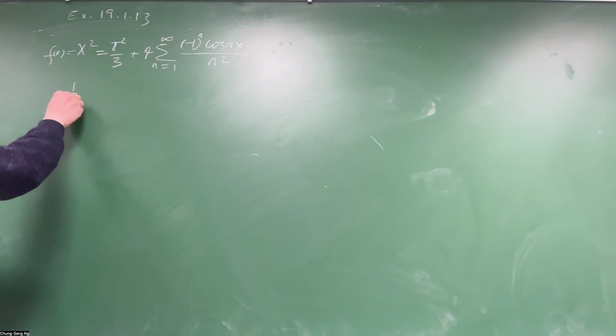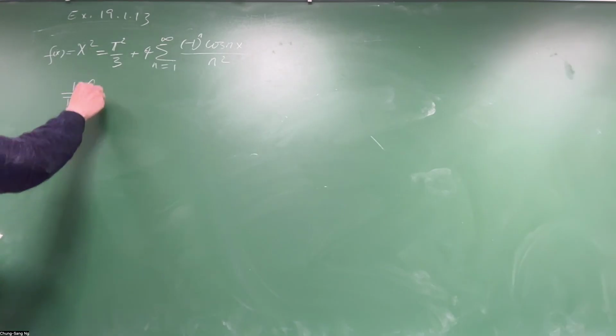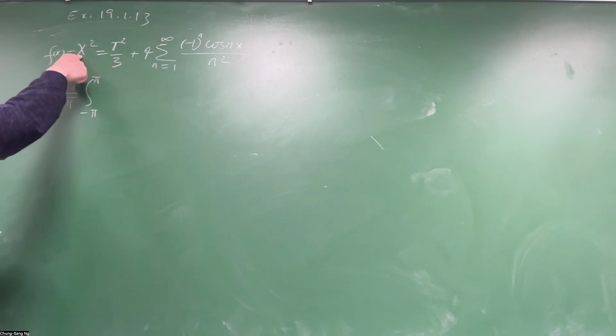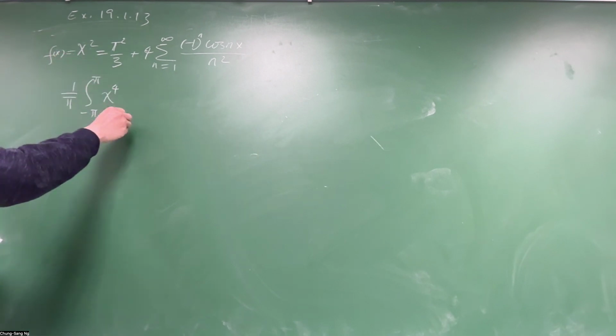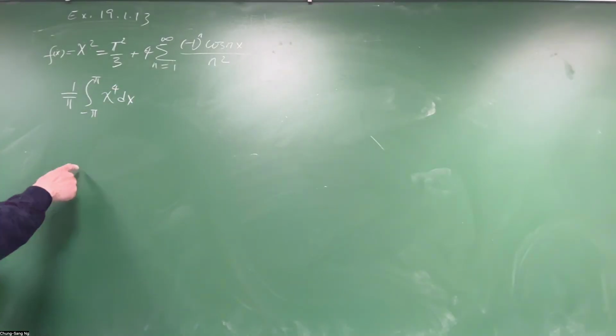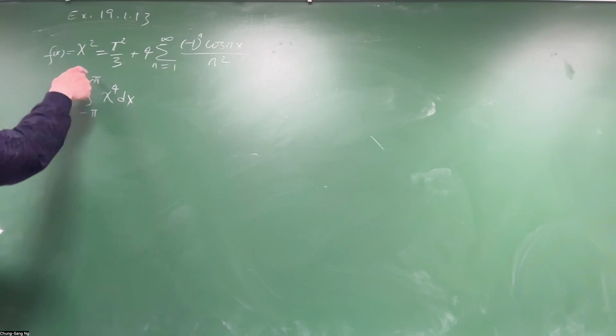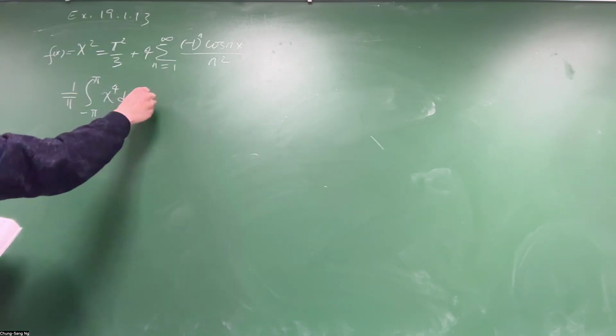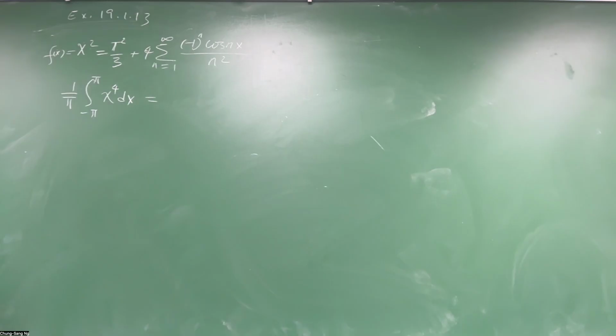So 1 over pi, integral from minus pi to pi of f(x) squared, x to the 4th dx, right? Obviously this is elementary.